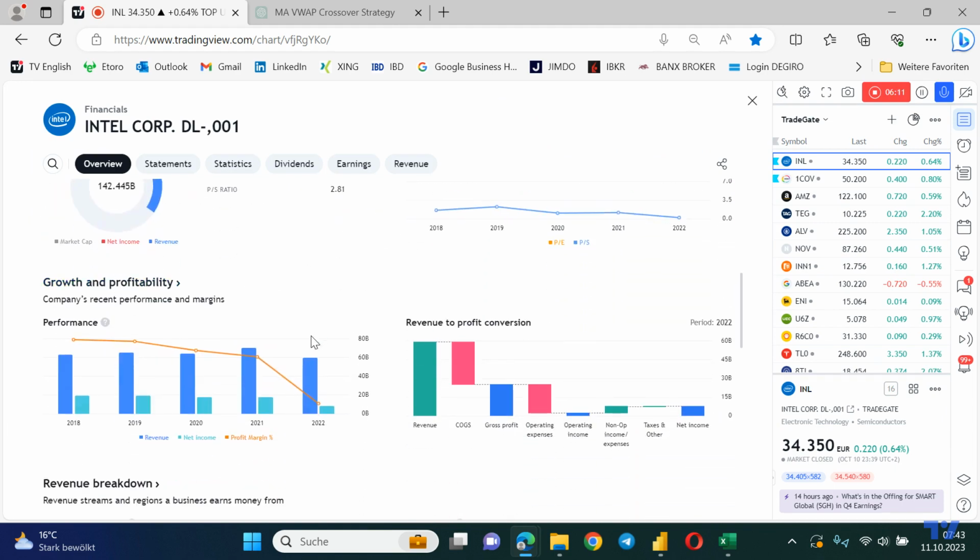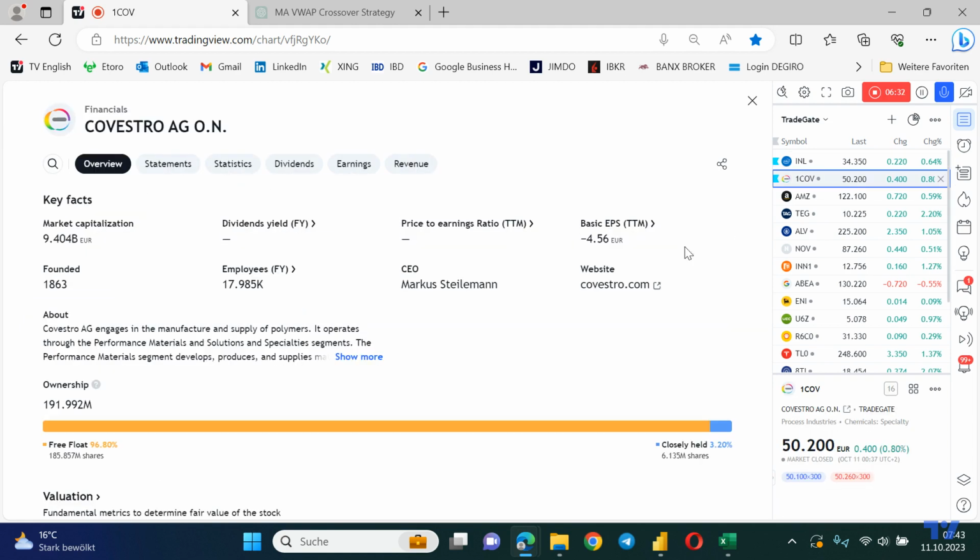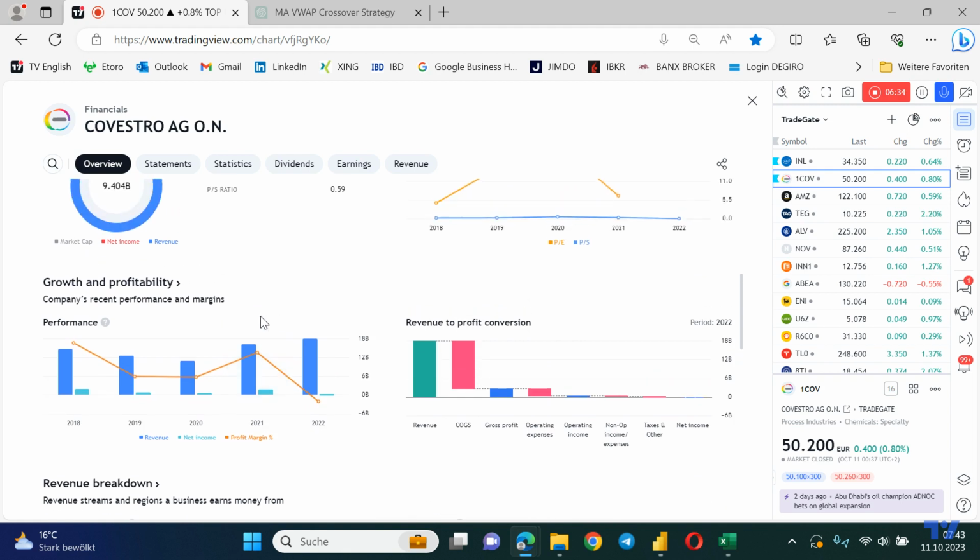So what I normally look at is just revenue, net income, and profit margin. So for Intel, profit margin dropped, like for many other companies and industries now in the current global business downturn. But overall, the multi-year performance looks reasonably stable. The same here now.